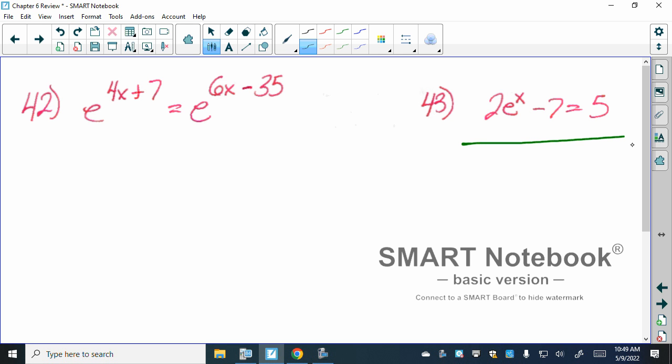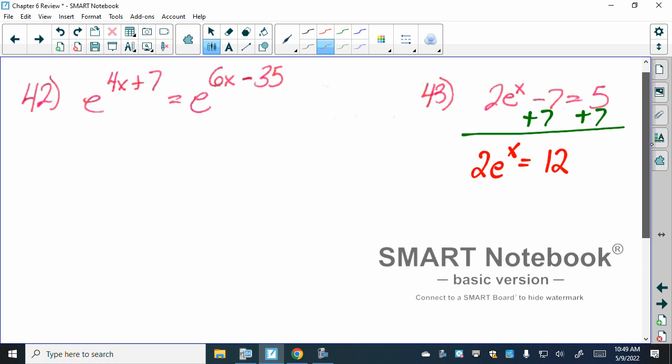So 2 times e to the x minus 7 is equal to 5. Here, the first thing we need to do is get e to the x by itself first. We need to get e by itself first. So the first thing we can do is add 7 to both sides. 2e to the x is equal to 12.